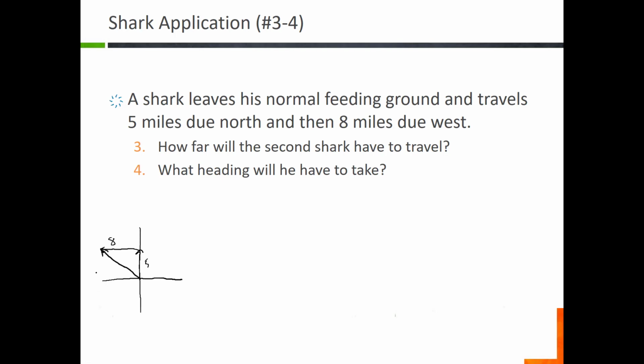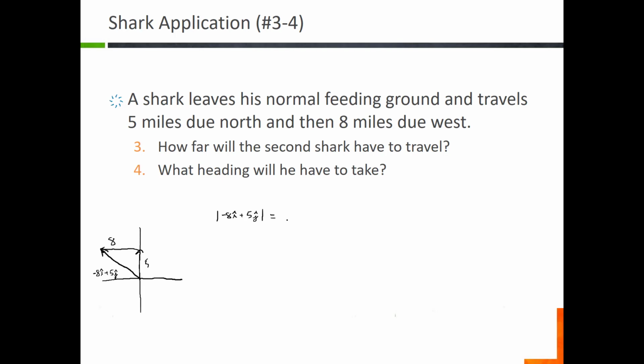So that's the vector we're looking at, negative 8i plus 5j. To find out how far the second shark would have to travel, we want to find the magnitude of this. So what is the magnitude of negative 8i plus 5j?